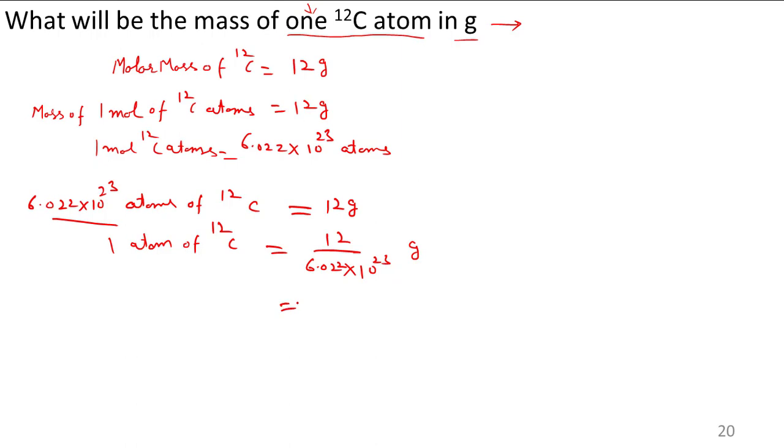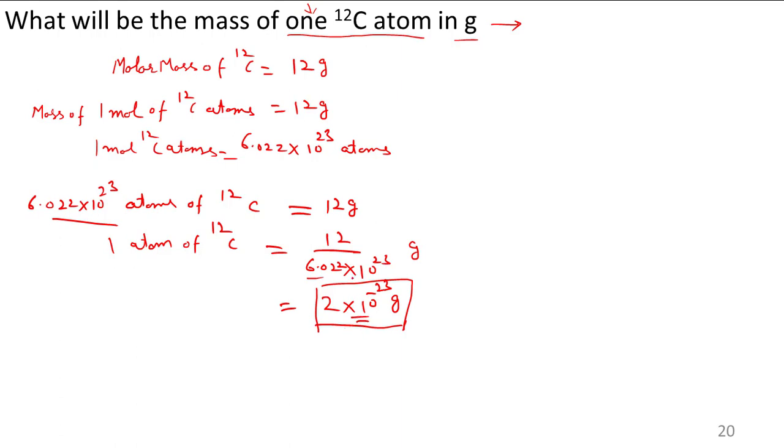Let us see, 12 divided by 6.02, approximately, if we take it as 6, is 2 into 10 raised to power minus 23 gram. So this is the weight of one atom of carbon.